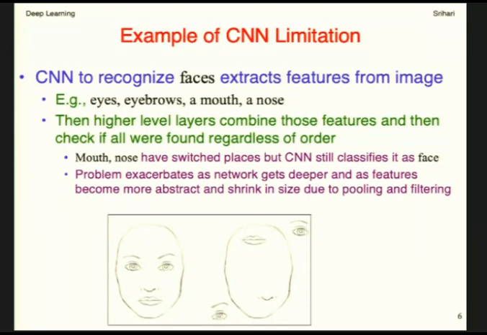But that also can get recognized as a face because it's just calculating the presence of these things and some probability associated with them. And then it's putting it together at the next stage, saying, okay, I got all these values for all of these, so it must be a face. And what is lacking here is an awareness of the relative positioning of these objects, because you're passing along some filters and it is capturing the presence.